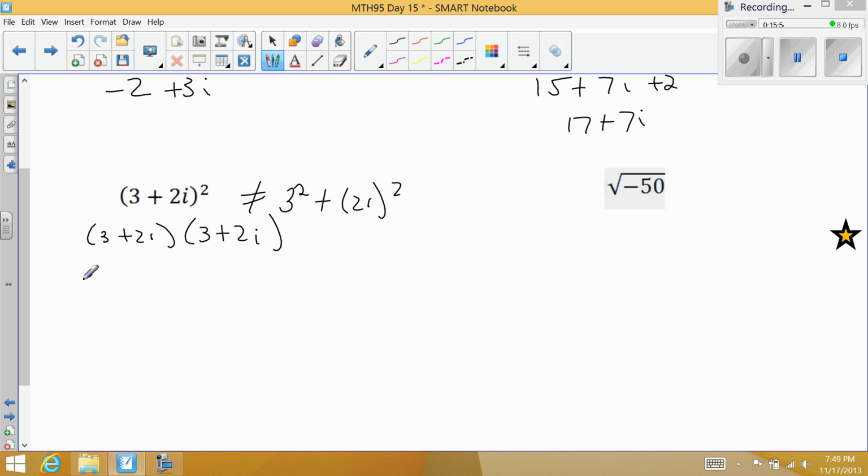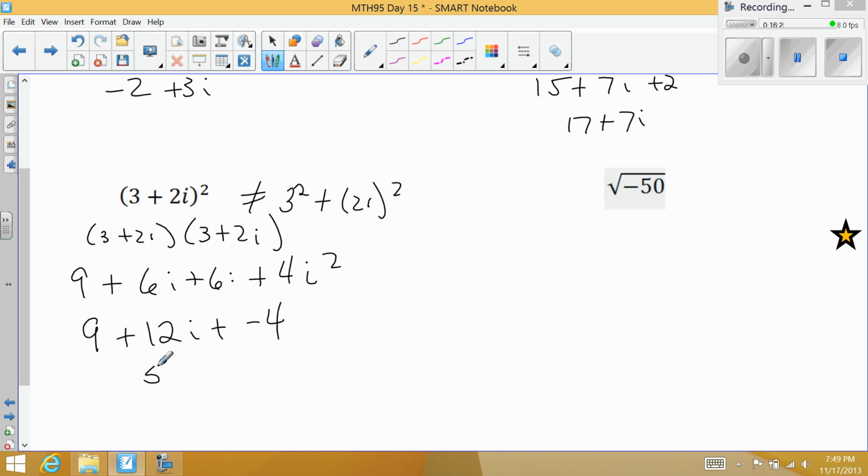We'll get 3 times 3 for 9, plus 3 times 2i for 6i, 3 times 2i for 6i, and then 2i times 2i would be plus 4i squared. So you'd lose these middle terms if you tried to do that shortcut. That's why we don't get the correct answer if we do that. So that'd be 12i. And then i squared is negative 1. 4 times negative 1 would be negative 4. And 9 plus negative 4 would be 5 plus 12i.